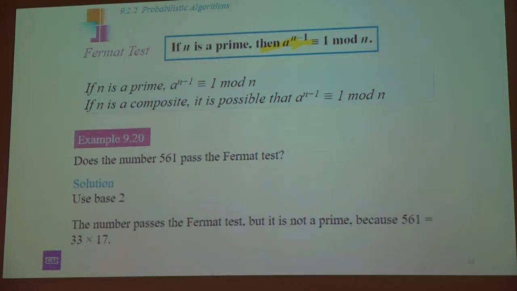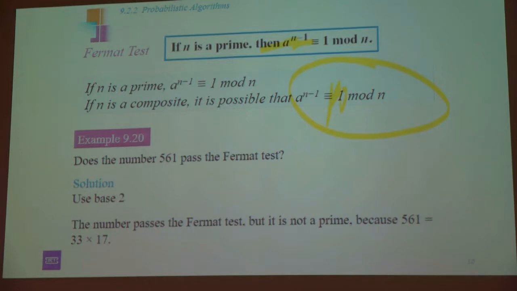If n is a composite, it is still possible to give you the result 1. So if it's a prime, 100% it will give you 1. If it's a composite, it could be 1, could be something else, but still there's a chance it will be 1.